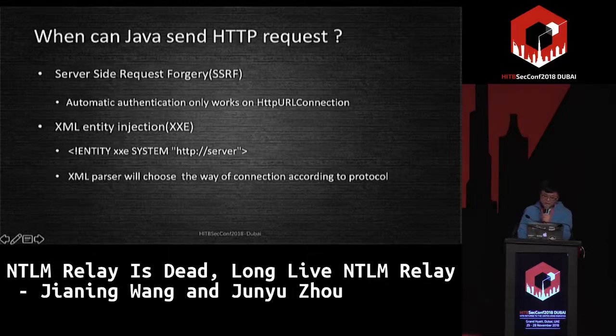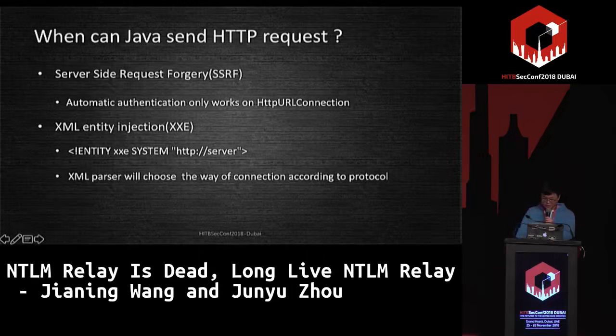When can Java send an HTTP request? When a Java application has an SSRF or XXE vulnerability, it can issue HTTP requests. In an SSRF vulnerability, the HTTP request is sent through the JDK built-in class named HttpURLConnection, which will automatically complete the Net-NTLM authentication.